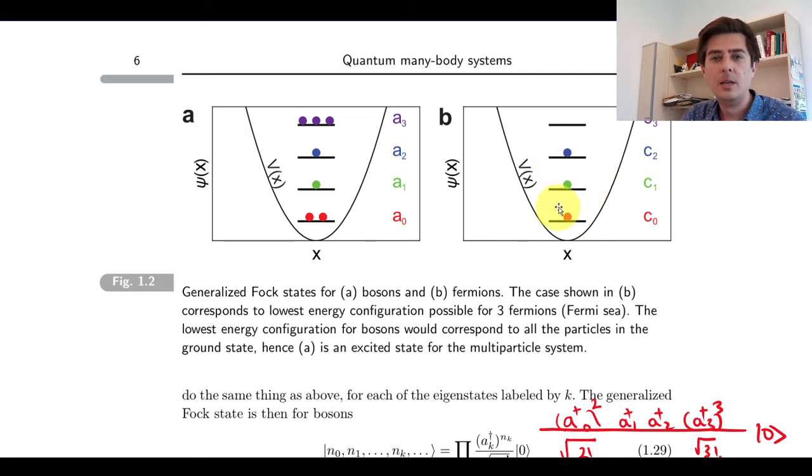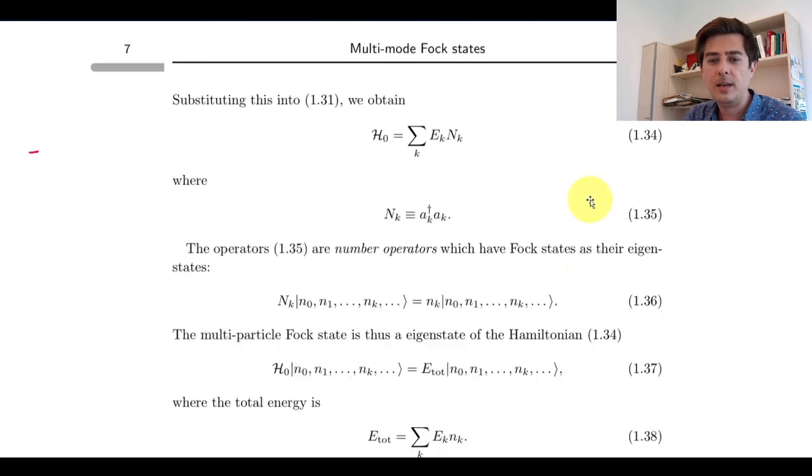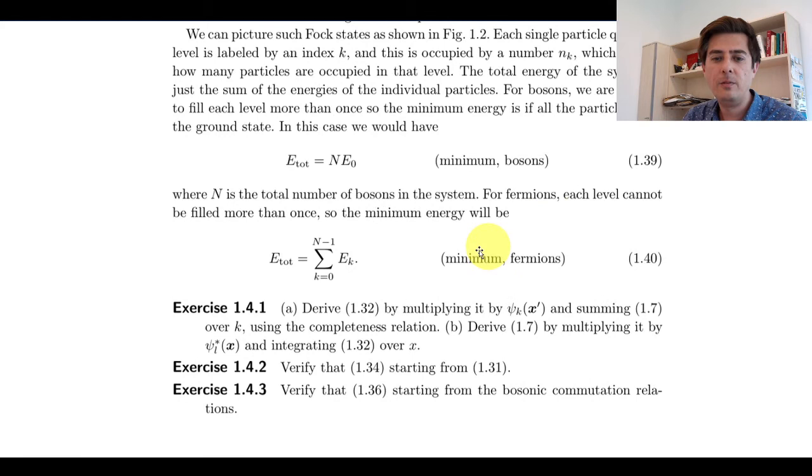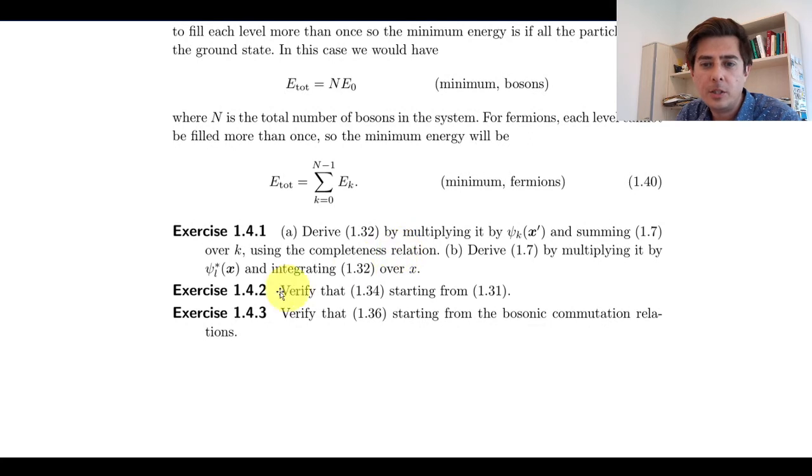There are no other configurations available to the system, and so you have to fill the energies in this way. And so for fermions, that happens to be the lowest energy. So obviously for fermions, you tend to get much higher energies because of this Fermi exclusion principle. Okay, so that's pretty much the content of this section.